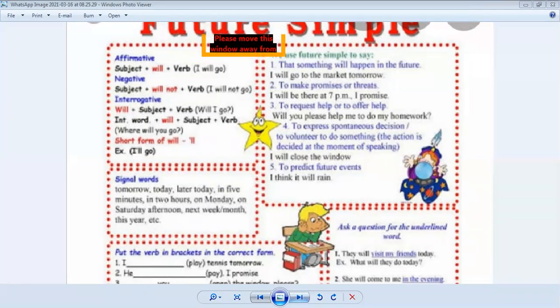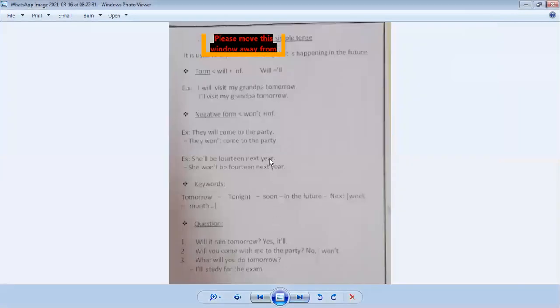Okay, now let's move to this sheet, which is explaining more about the future tense. We said that we use the future tense to express something that is happening in the future. And the form is will plus the infinitive form.